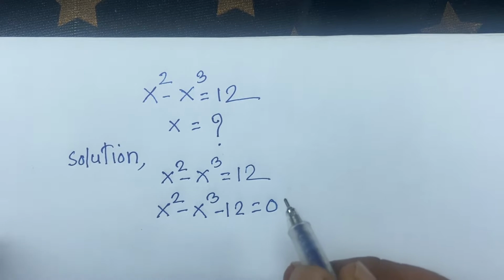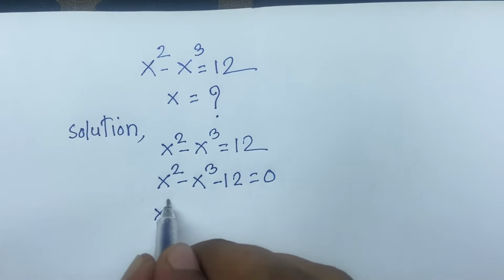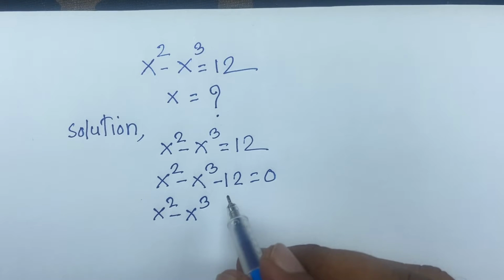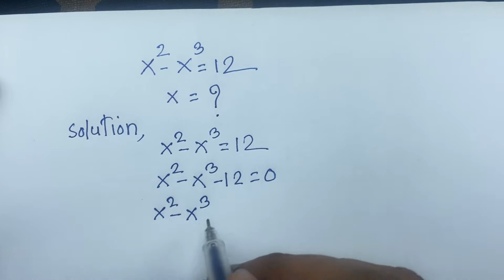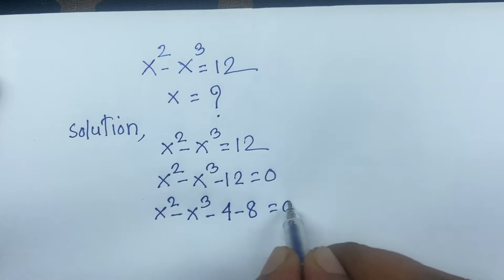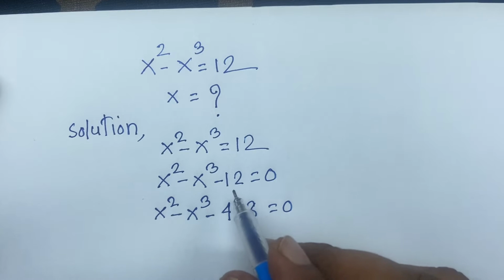Then I can write this minus 12 as minus 4 minus 8 is equal to 0. Look, minus 4 and minus 8, it will be minus 12.